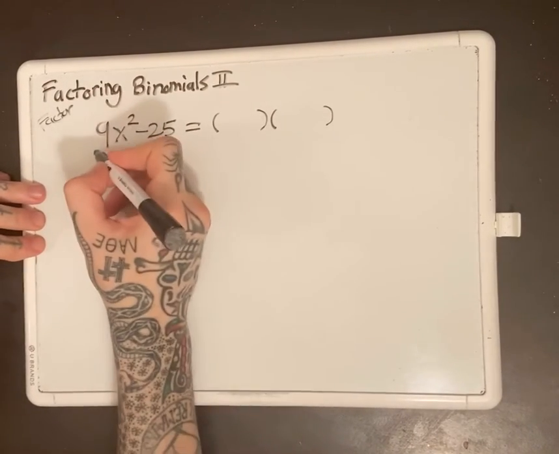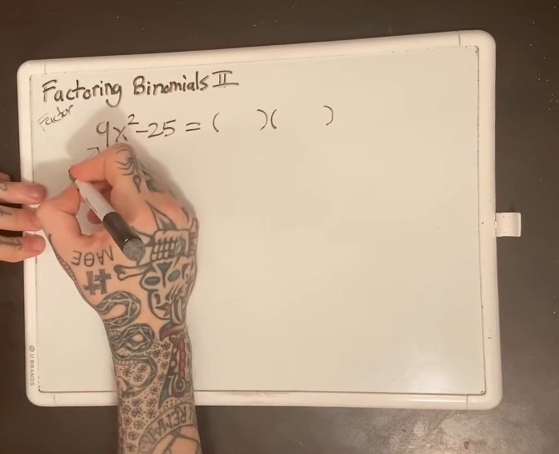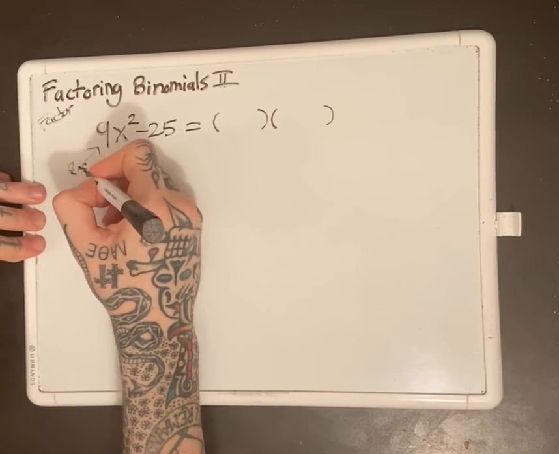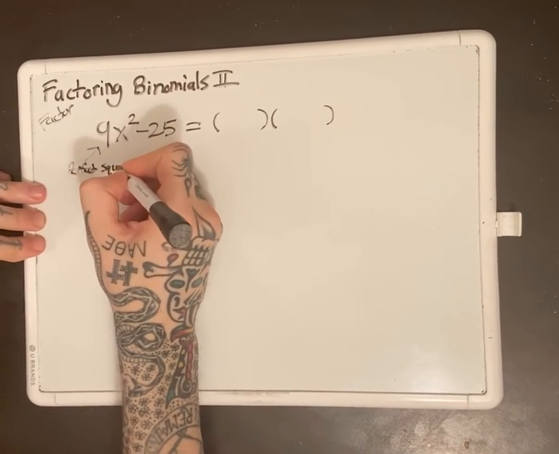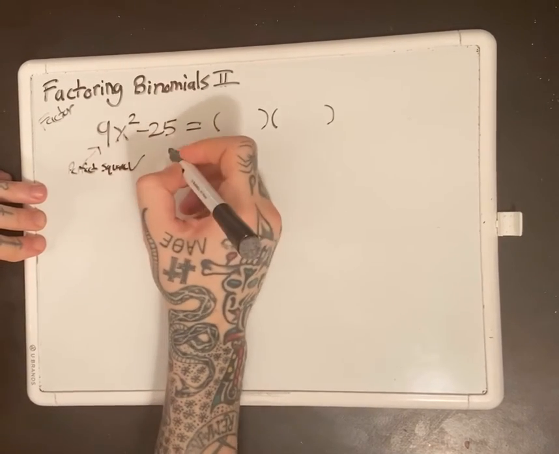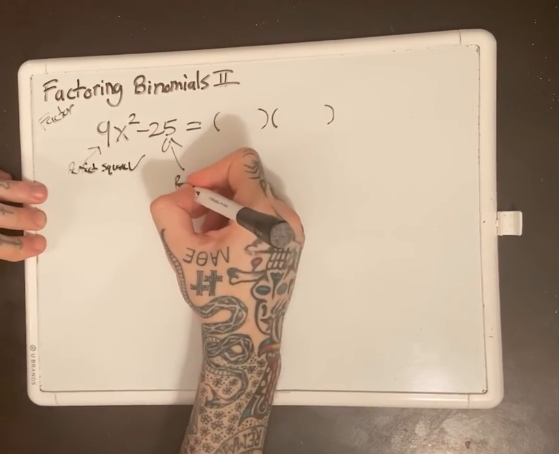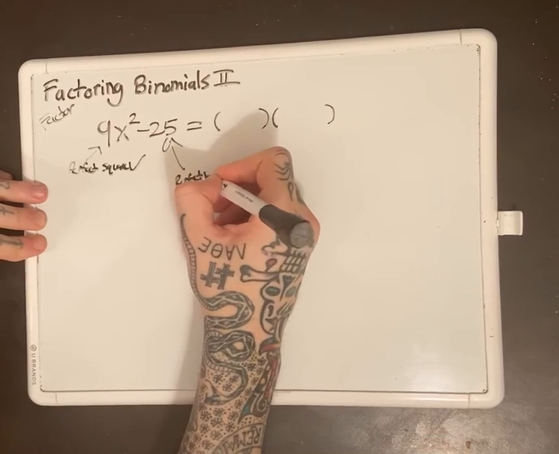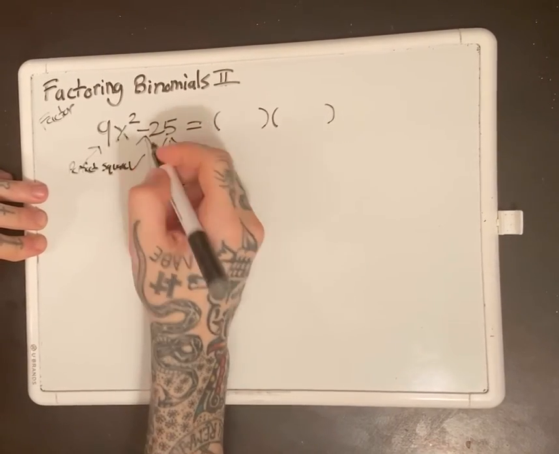All right. Is this a perfect square? It is. Is this? It is perfect, and we have subtraction.